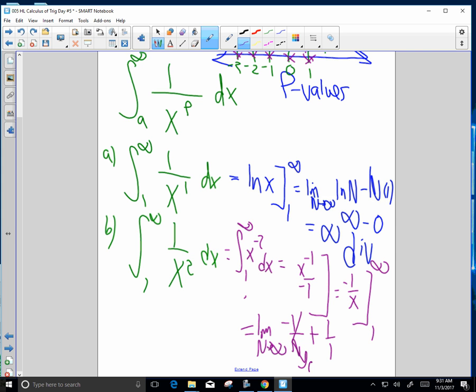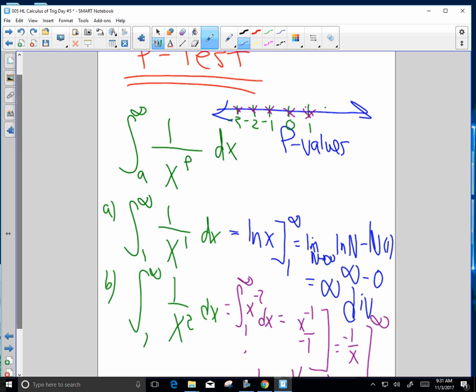What happens to that 1 over n? Goes to 0. What if this were a 3 or a 4 or a 5 or a 6? All of those are going to work. So with the p-test, 2, 3, 4, and up, all of these are going to work. Okay?